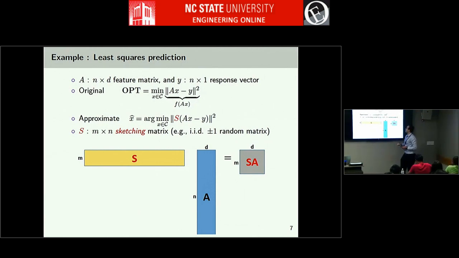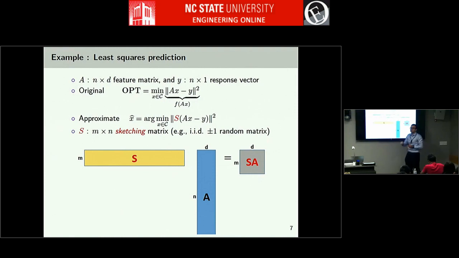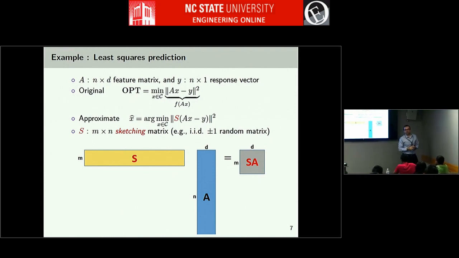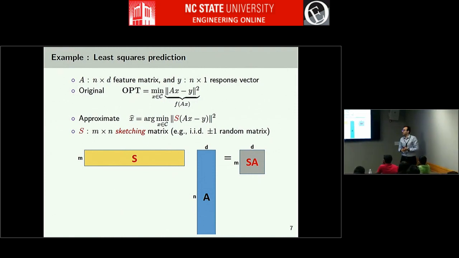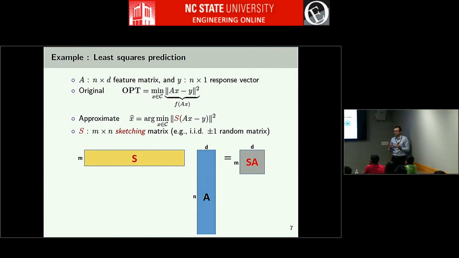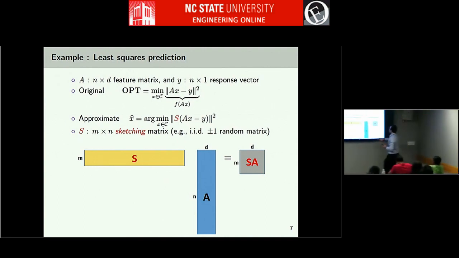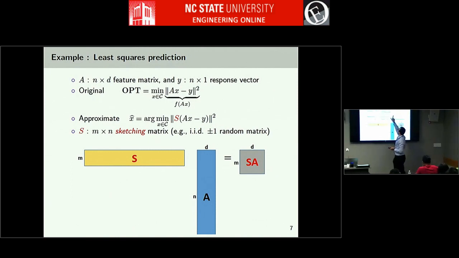So, for instance, every entry here, I can pick IID plus 1, minus 1 from random coin flips. Okay? This is also called a random projection matrix. It's all the same. It's a random matrix reducing dimension. And then the idea is this small data set, I can do anything with it. This can fit into my GPU. I will solve the smaller problem using S times A, S times y. This will be my approximation.